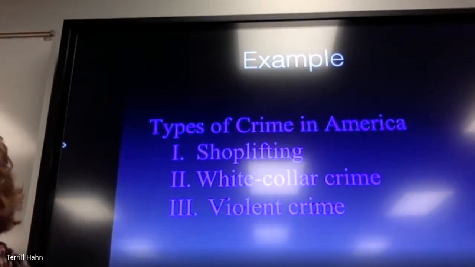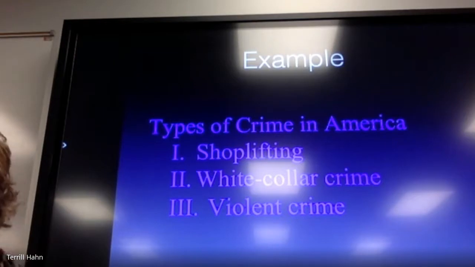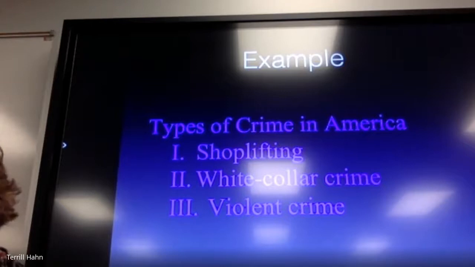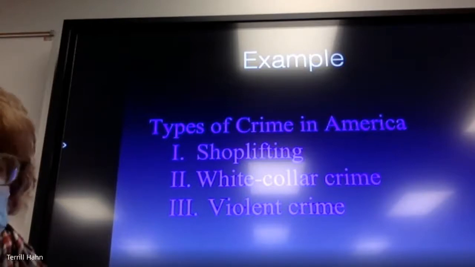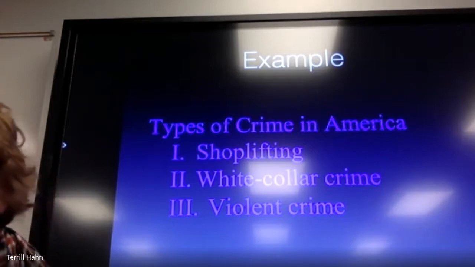Or the rich people and celebrities who went to prison for a little while because they cheated their children's way into college, like Felicity Huffman, Lori Loughlin. That's considered white collar crime, where there's money or information involved, but not violence. And then violent crimes can be anything from assault to, well, typically we're talking about murder here.